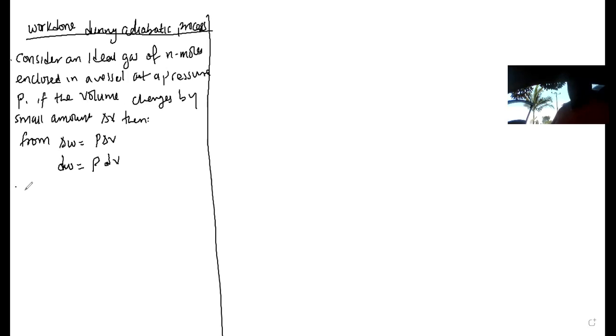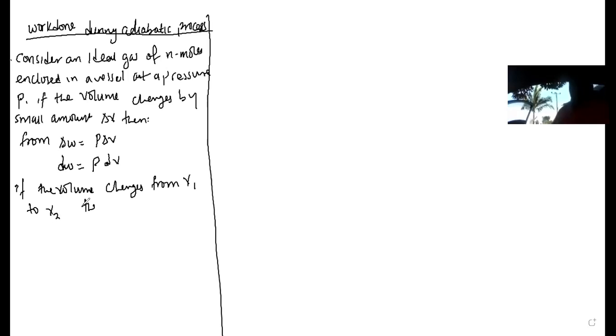Now, if the volume changes significantly, when we say it changes significantly, then we can see that it has definitely changed, like from V1 to V2.